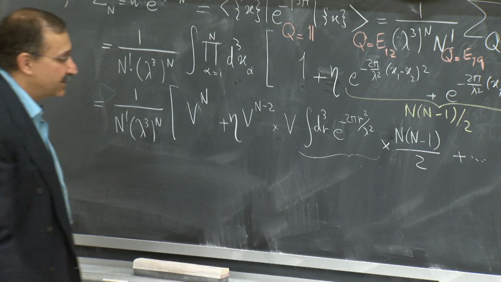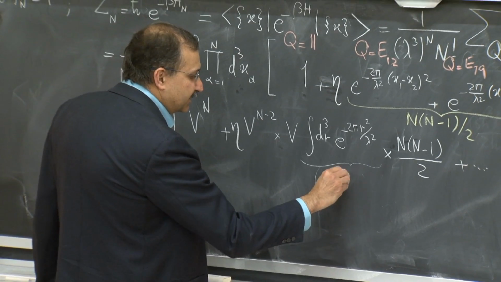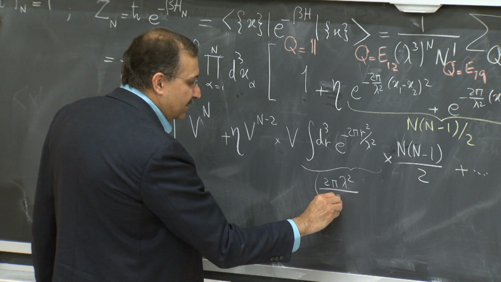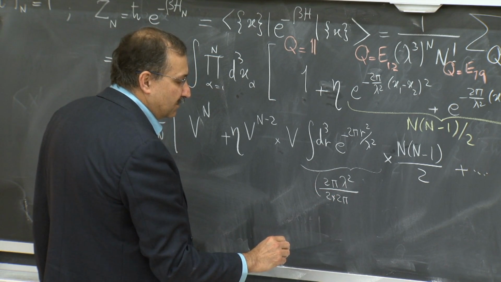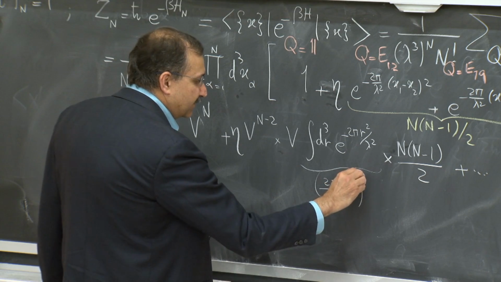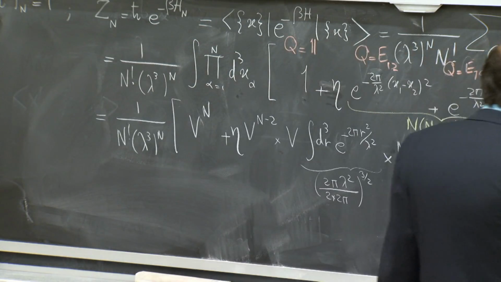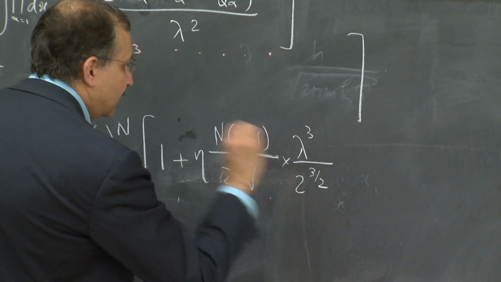Each Gaussian integral will give me 2 pi times the variance, which is lambda squared divided by 2 pi. And then there's actually a factor of 2. And there are 3 of them, so I will have 3 halves. So what I get here is lambda cubed divided by 2 to the 3 halves. Okay?